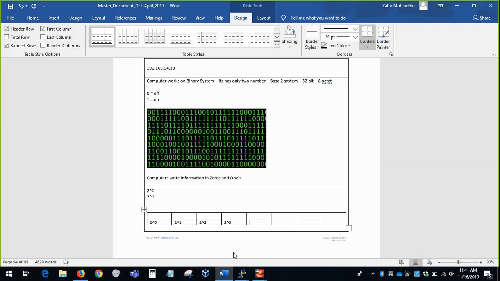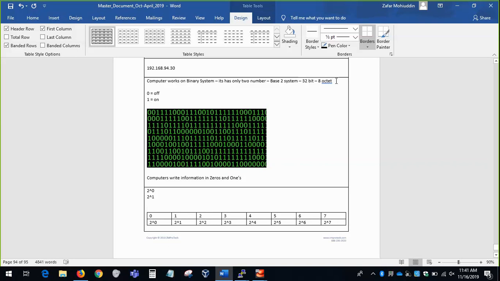The fifth one is 2 to the power of 4, then 2 to the power of 5, 2 to the power of 6, and 2 to the power of 7. It stops at 7 here, but this is a total of 8 because we're starting from 0: 1, 2, 3, 4, 5, 6, 7.